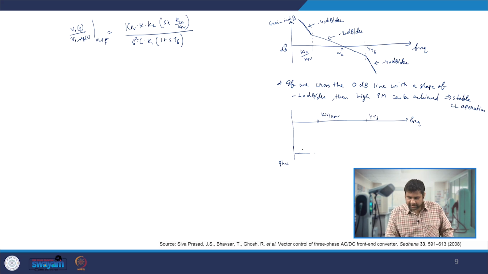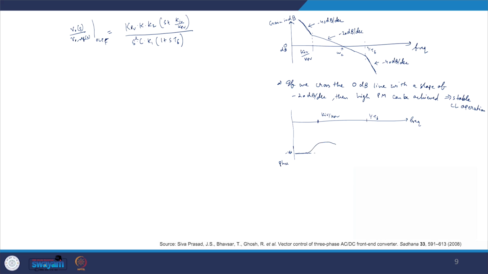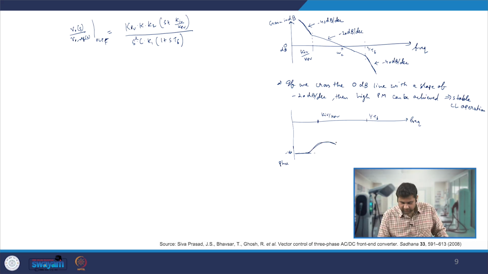We have minus 180 degree because we have the s square term, and then at the 0 we have some addition of phase because of the 0 at this place, and then after that we will again fall back to minus 180 degree, somewhere like this, not accurately drawn but somewhere like this.